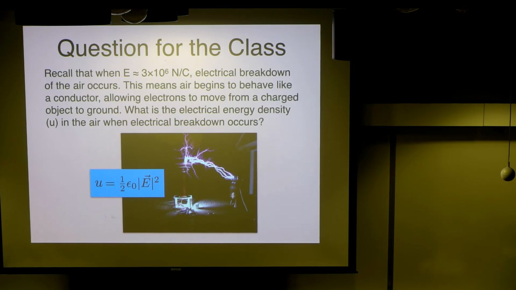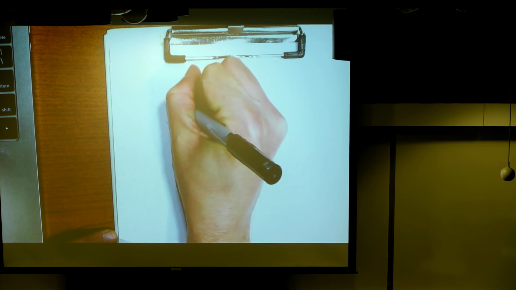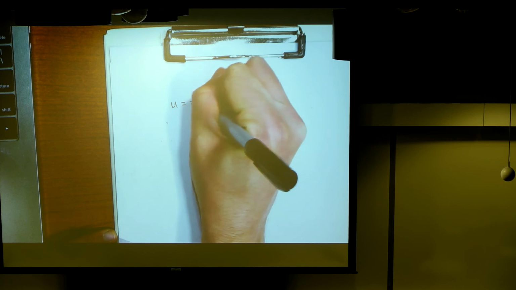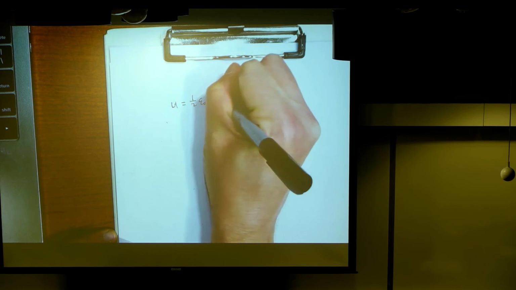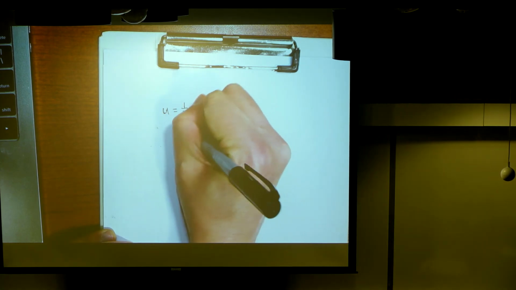All right, so what are we getting for this, everybody? Yeah, about 40. I would agree. Let's go through this, and in particular, let's go through the unit analysis, okay? So energy density, as we just found, lowercase u, is given by 1/2 times epsilon naught times the electric field strength squared. So to put in the numbers, we have 1/2.